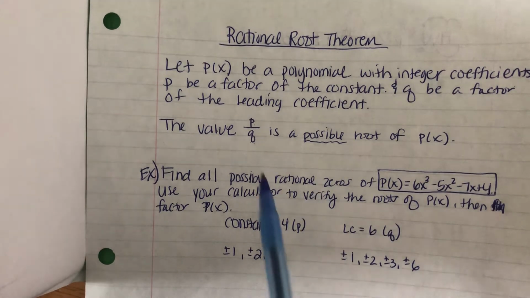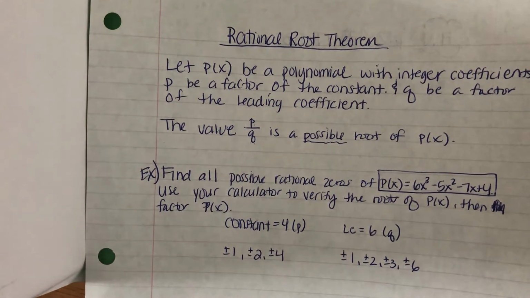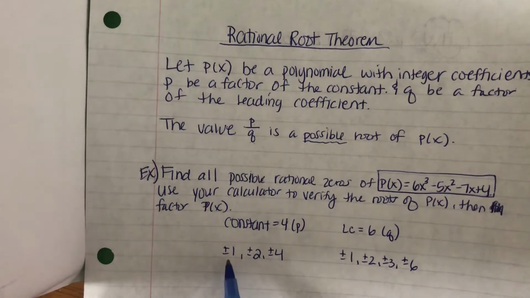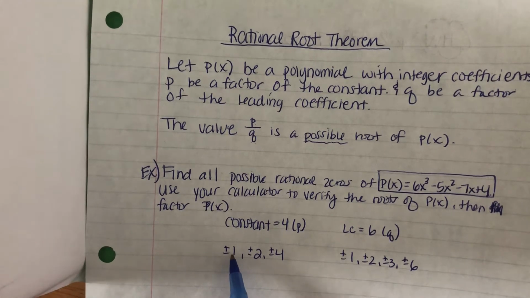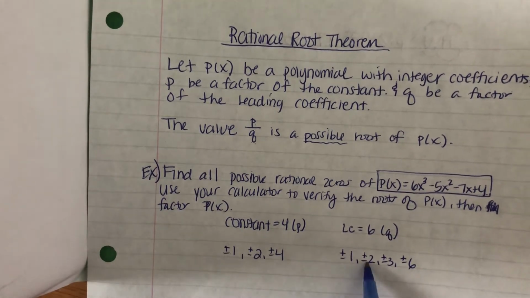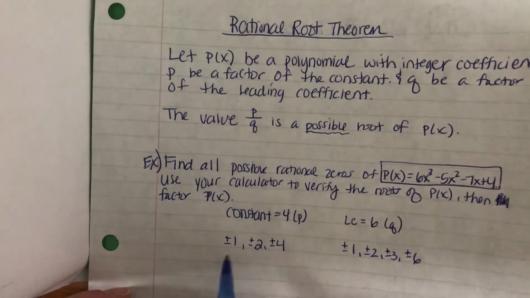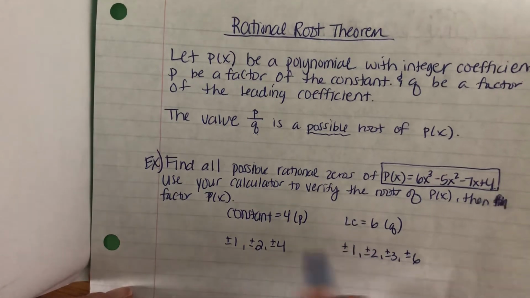So now the theorem says take the p over q values and create possible roots. So I always start with the p value. Let's just say 1. And I'll go through one at a time, taking this p value over this q value, this p value over this q value. So if I just start with the 1, because we're looking for p over q. This is p, this is q.